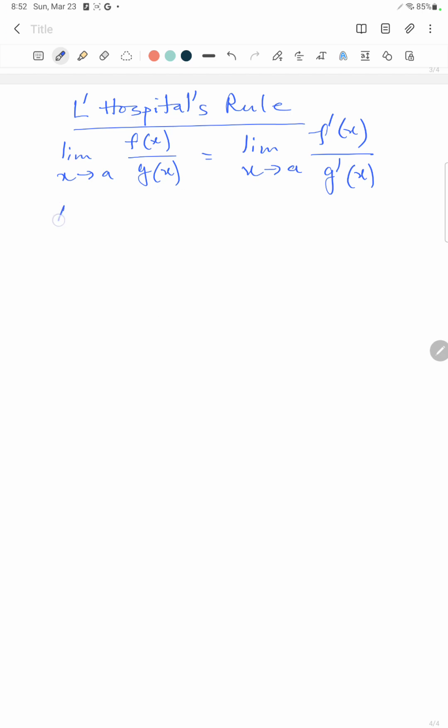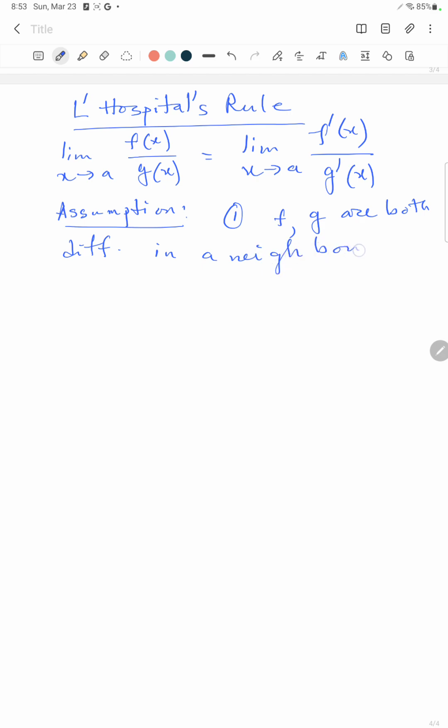Now here are some assumptions or conditions. The first assumption is that f and g are both differentiable in a neighborhood of the point x equals a.